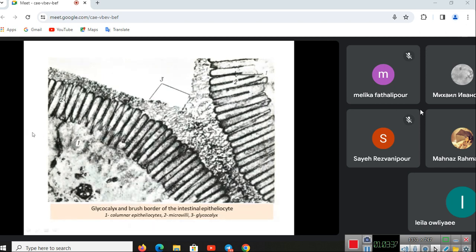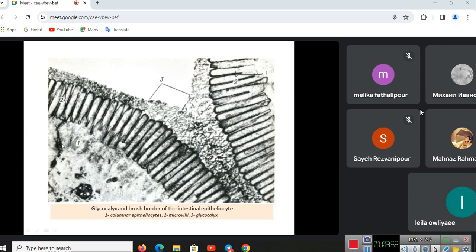So in this picture we can see actually parts of 3 cells. Apical surface of these cells has microvilli covered with glycocalyx. Glycocalyx here serves not only for reception but also for digestion because of the enzymes connected to the cell membrane.